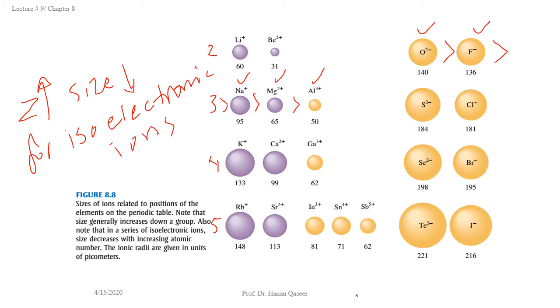If we take sulfide, chloride, K plus, Ca2 plus, gallium 3 plus, the size of sulfide is greater than the size of chloride, greater than the size of potassium, greater than the size of Ca2 plus, greater than the size of gallium 3 plus, and so on.